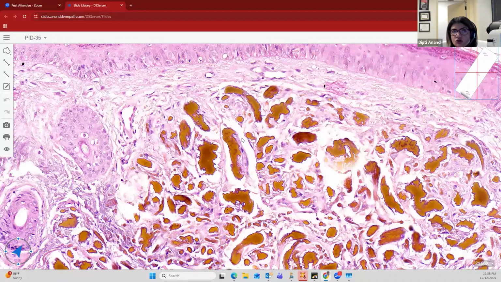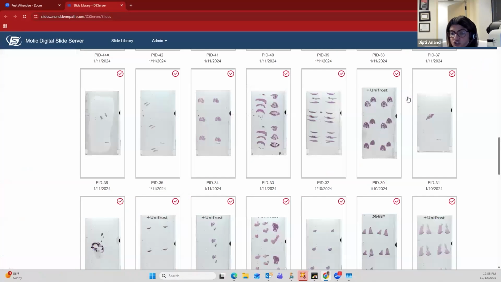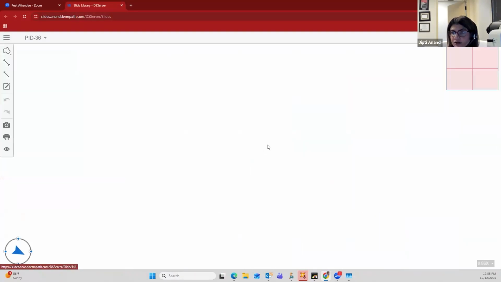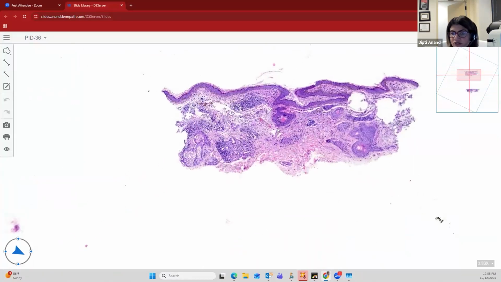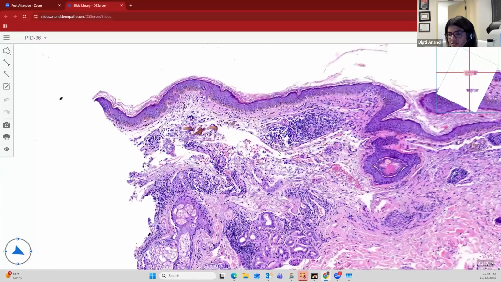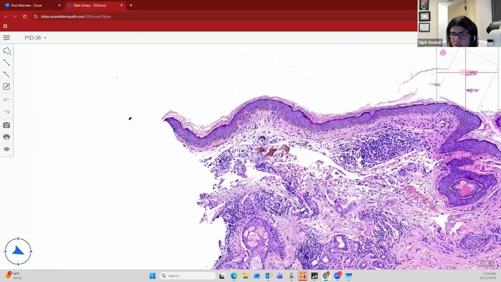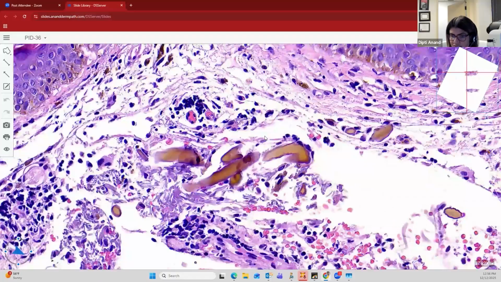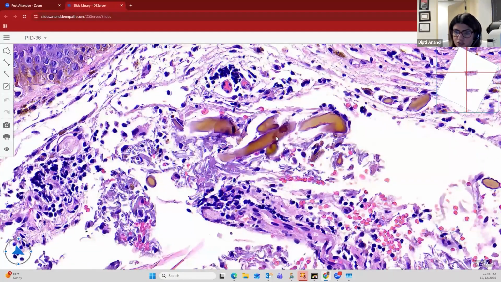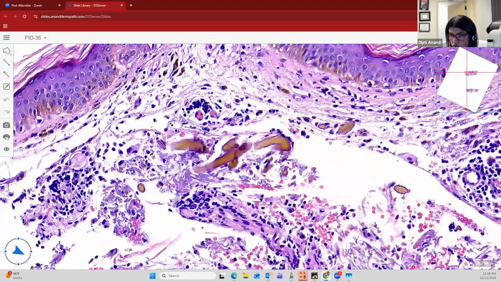So primary ochronosis, which is the autosomal recessive disorder with deficiency of homogentisic acid oxidase, is going to produce this, and so also will secondary ochronosis, which most commonly occurs because of use of bleaching agents containing hydroquinone. So when you see secondary ochronosis, you often see solar elastosis in the background. It is not as diffuse and extensive as primary ochronosis, but you do see these swollen banana bodies. So that is ochronosis.